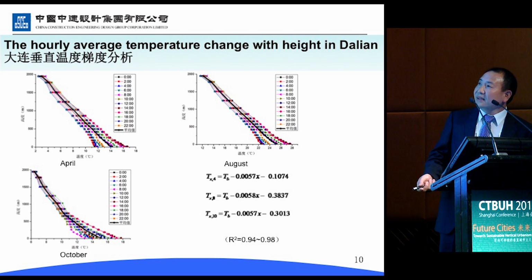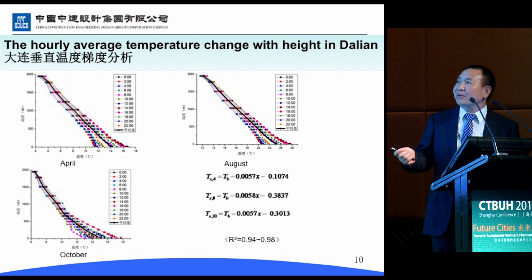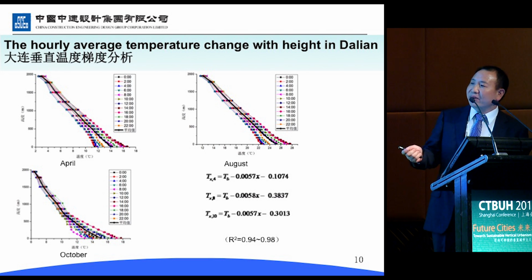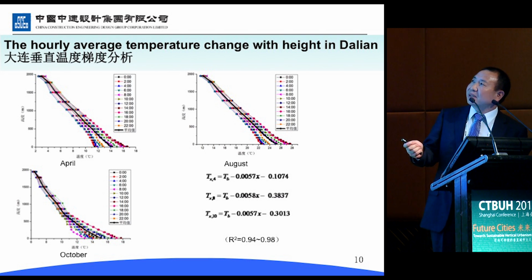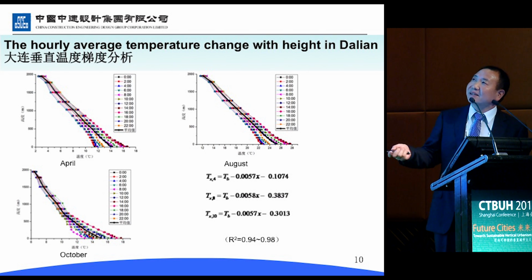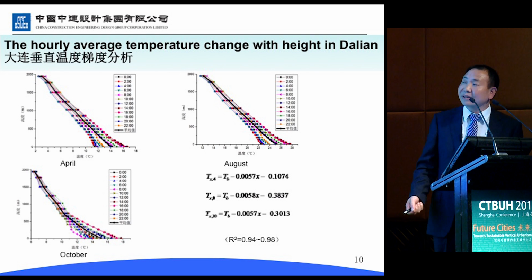So it's a linear curve. Now, this is the hourly average temperature change with height in Dalian. And in April, in the top left, and this is the August, and the bottom is the October data. And in August, the temperature change from ground level to the 2,000 feet, but basically it's still a straight line.